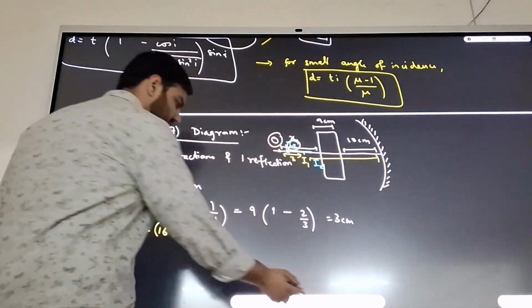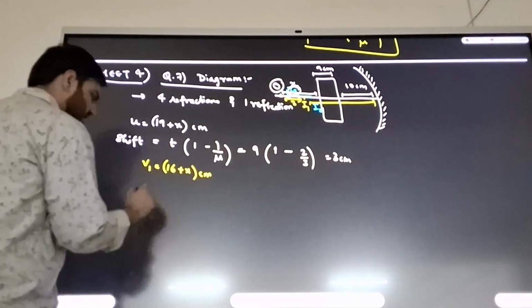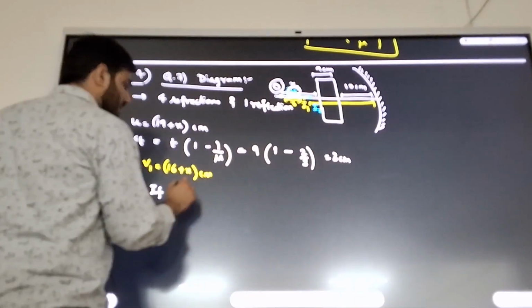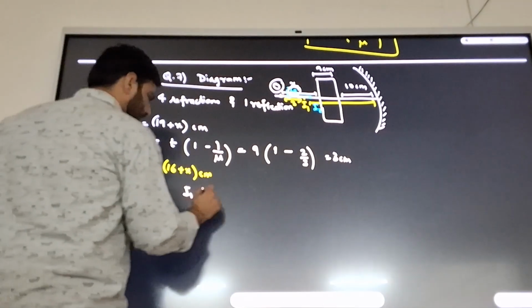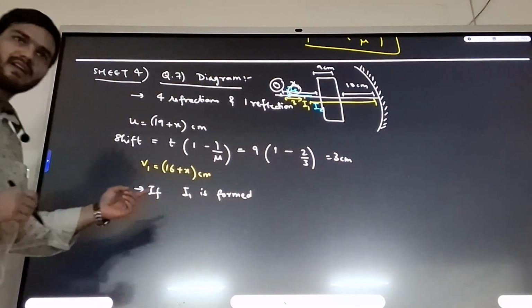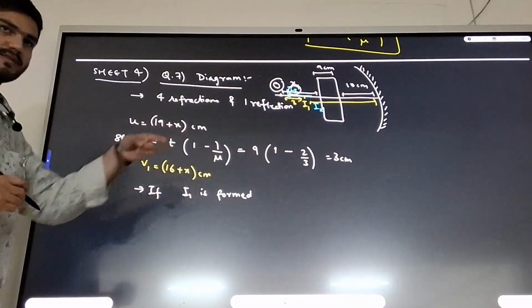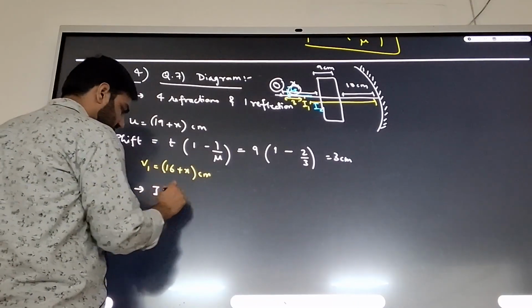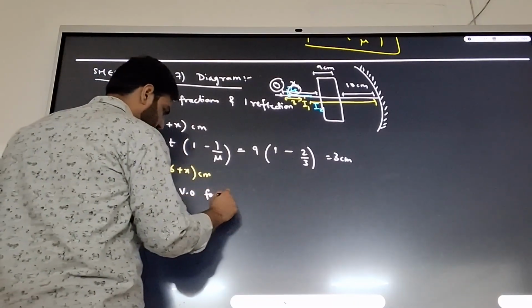Let's try to get that. So if I1 is formed at, this I1 will act like a virtual object for the mirror, no? So I1 is virtual object for mirror.